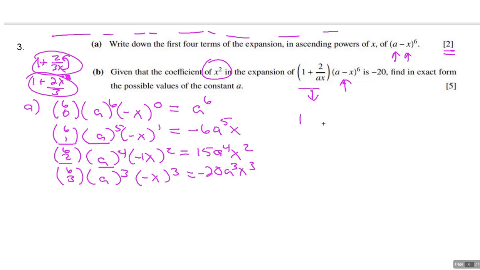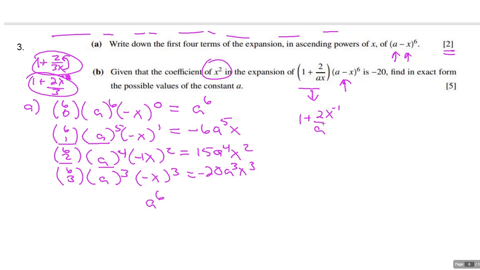So what's going to happen is this is going to be 1 plus 2x to the negative 1. But what's it going to be over? A. You with me on that? Yeah. All right. So now I'm going to multiply that. So I'm going to write this out.